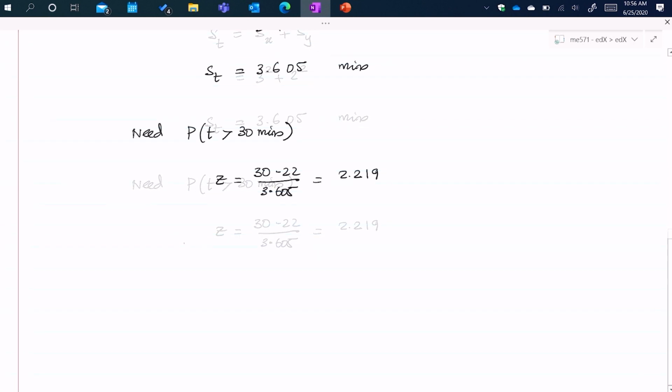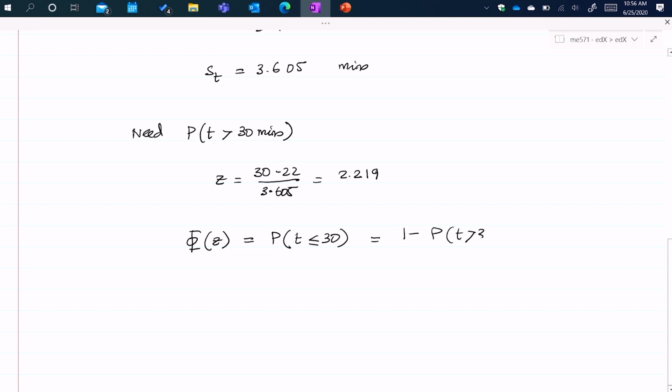And remember, phi of z represents the probability that t would be less than or equal to 30 minutes, right? And therefore, this is equal to 1 minus the probability that t would exceed 30 minutes.